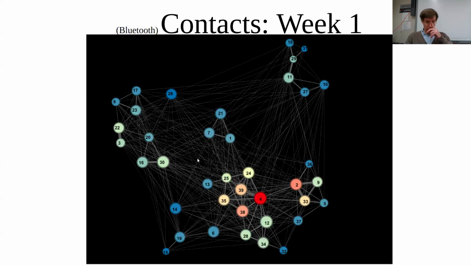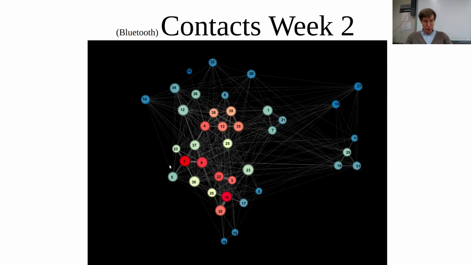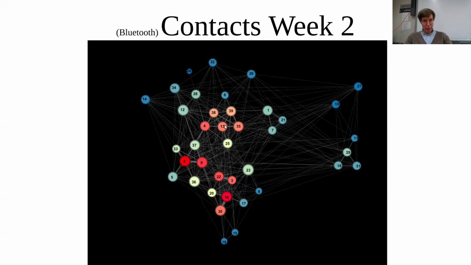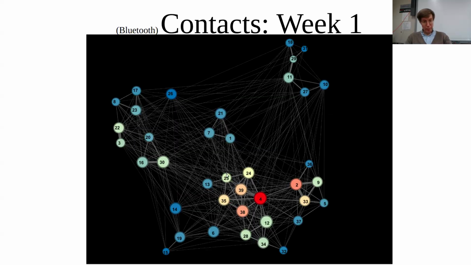Just a more minor one, right? 16 and 30, perhaps here you could try to figure out if 16 and 30 are connected in week 2. There's no guarantee that their networks will preserve that. And in fact, with some of these, the changes are quite significant. 16 and 30 are, in this case, more or less preserved.